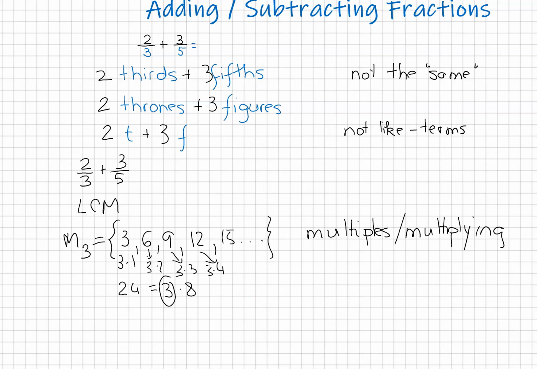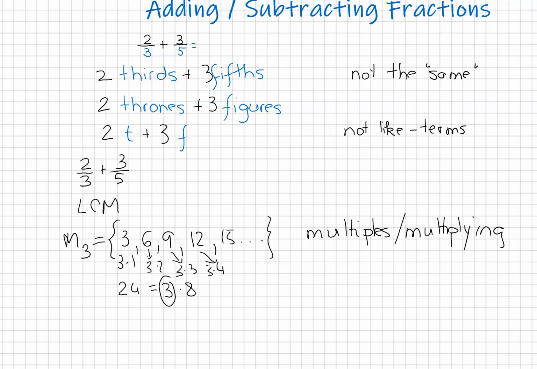Some people might think the common multiple is 8 times 6, because I have to see both 8 and 6 in there. So the multiple is 48. Yeah, it's a common multiple, but it's not the lowest one. Why do we need the lowest one? Because we don't like large numbers.